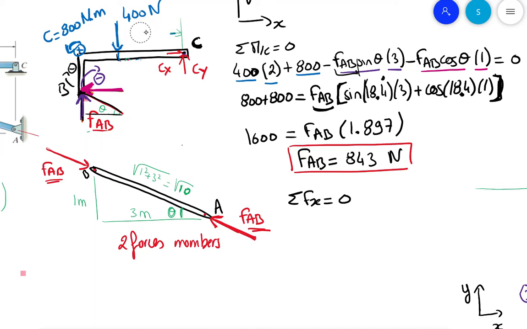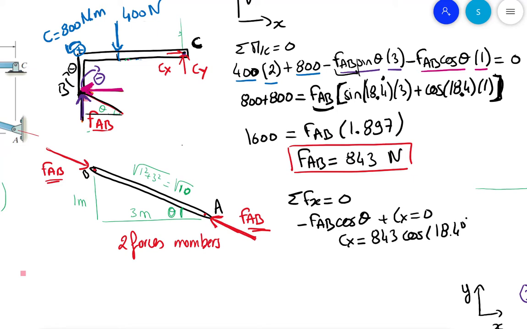So forces on X, we have minus FAB cosine theta plus Cx is equal to 0. So we have Cx equal to 843 cosine 18.4 degrees. So Cx is equal to 800 Newton.